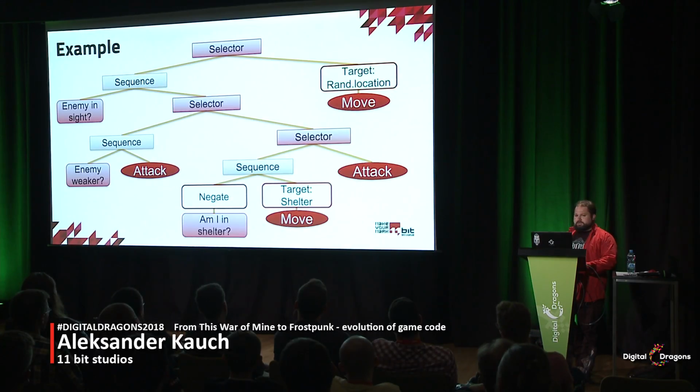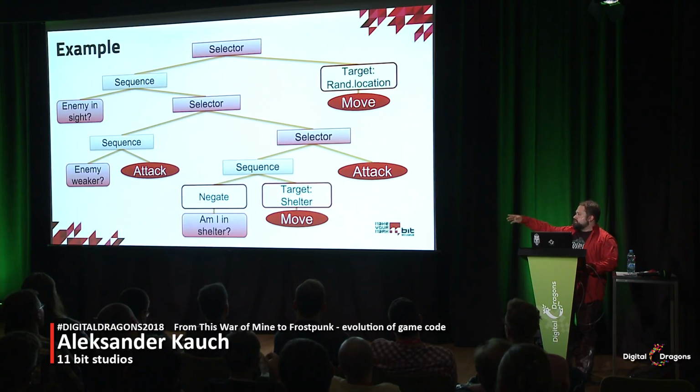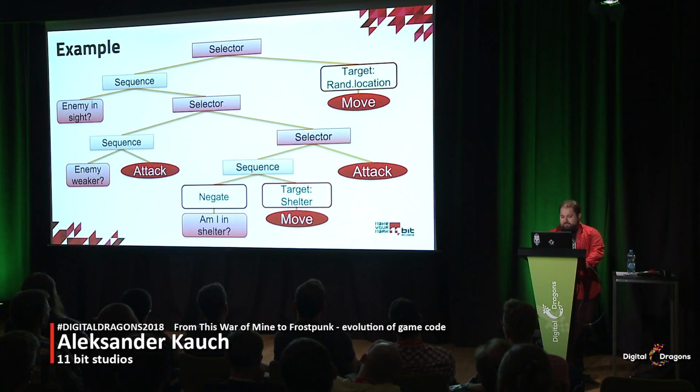If we don't see an enemy, the sequence returns false and we go to the top right node, so we move. But when we see an enemy, we evaluate another child selector, then a sequence: is the enemy weaker? If the enemy is weaker, then we attack, and if the enemy is not weaker, we return and go, and so on and so on. That's basically the idea behind behavior trees.